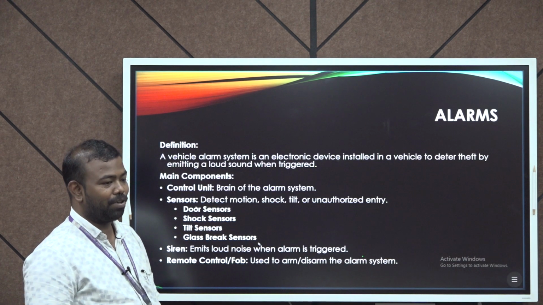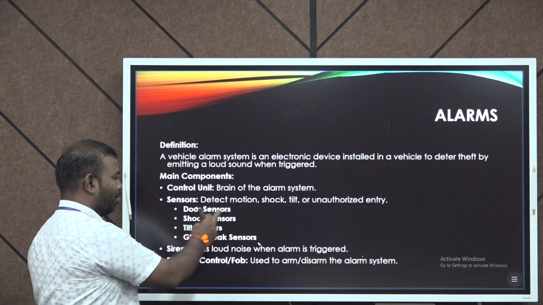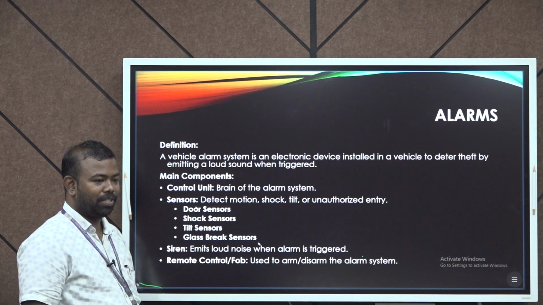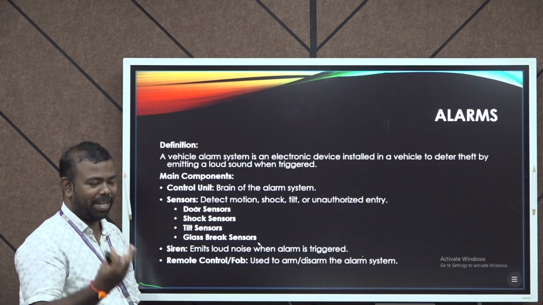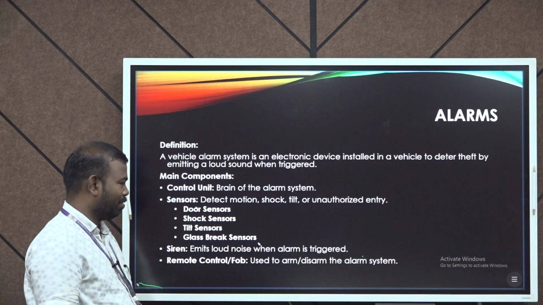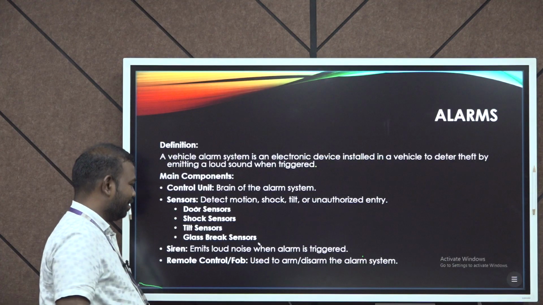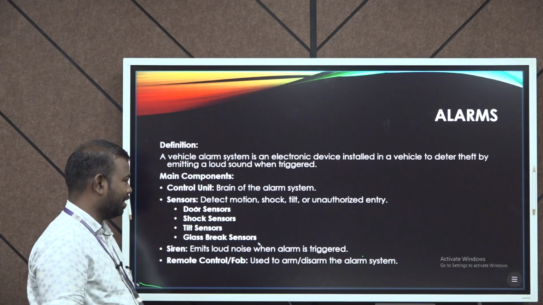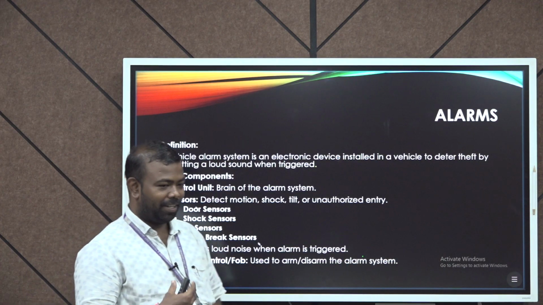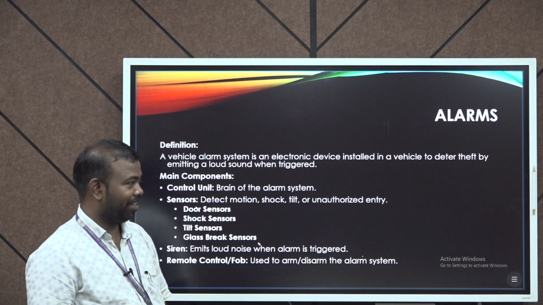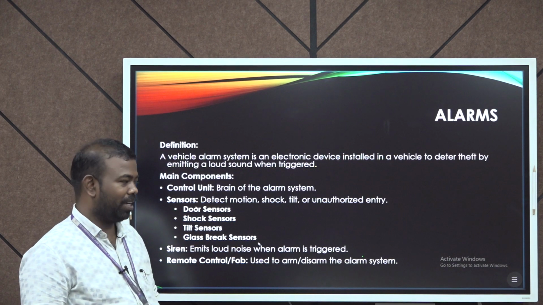It is possible to stop the theft also. For a door sensor, if the door is not closed properly, the door sensor will blink a light or give a beep sound. And a tilting sensor and a glass breaking sensor are used to create a vehicle alarm system. And for sound, a siren is used.